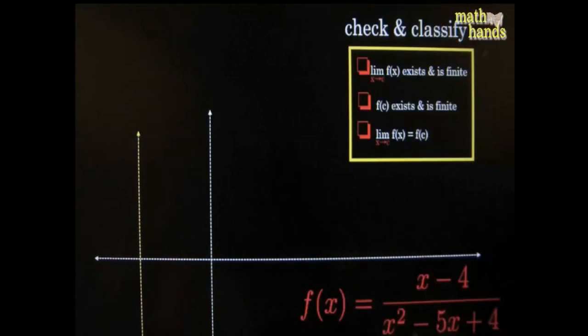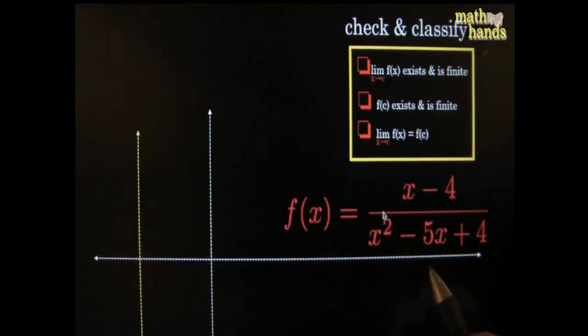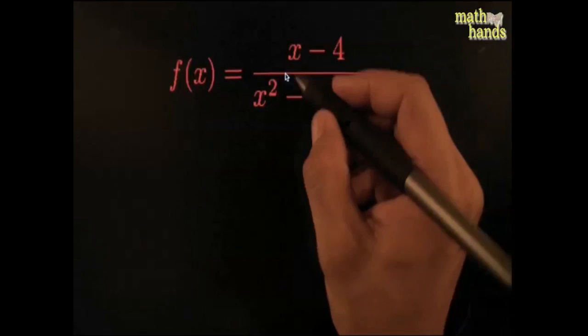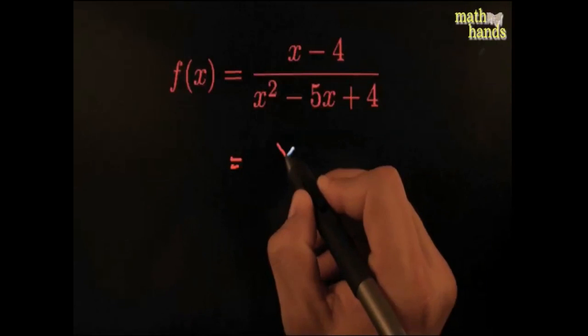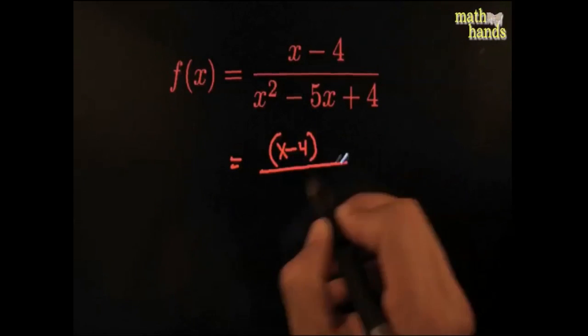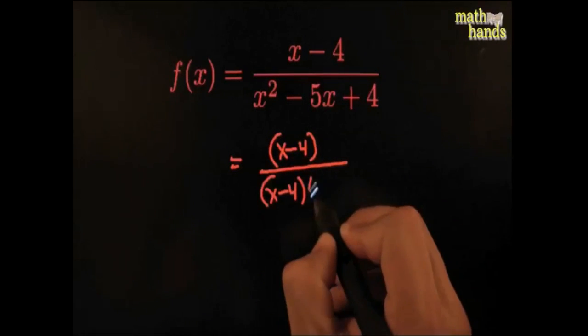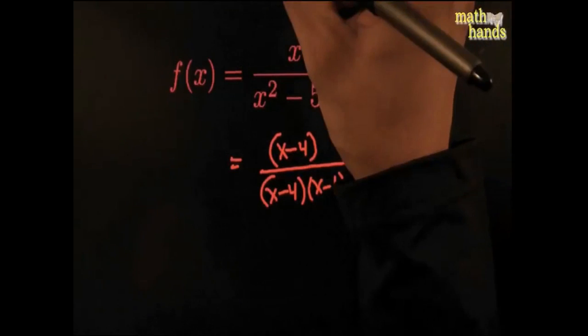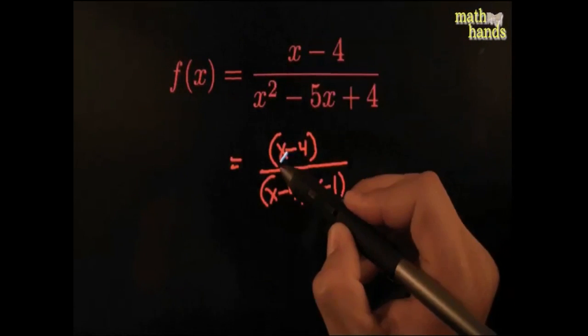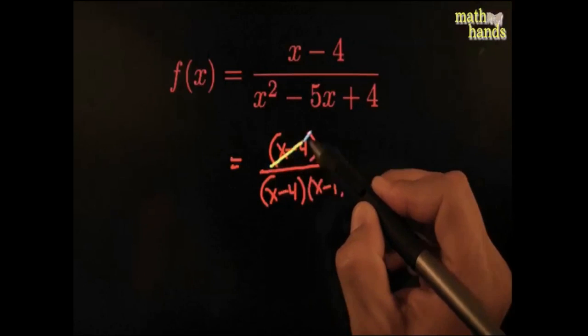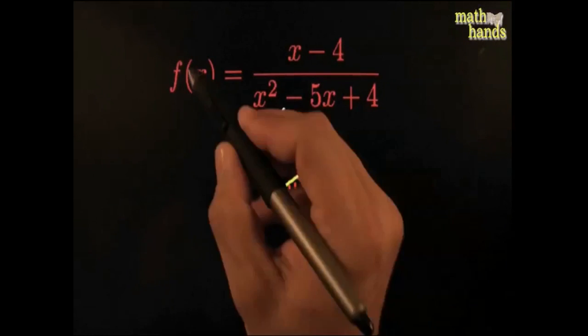How about this one over here? I want to talk a little bit more about this. This one can be simplified as x minus 4 all over x minus 4 times x minus 1. But this is the part that troubles a lot of people, and the part I should caution you about. The minute you cancel these things, you're in fact changing the function.